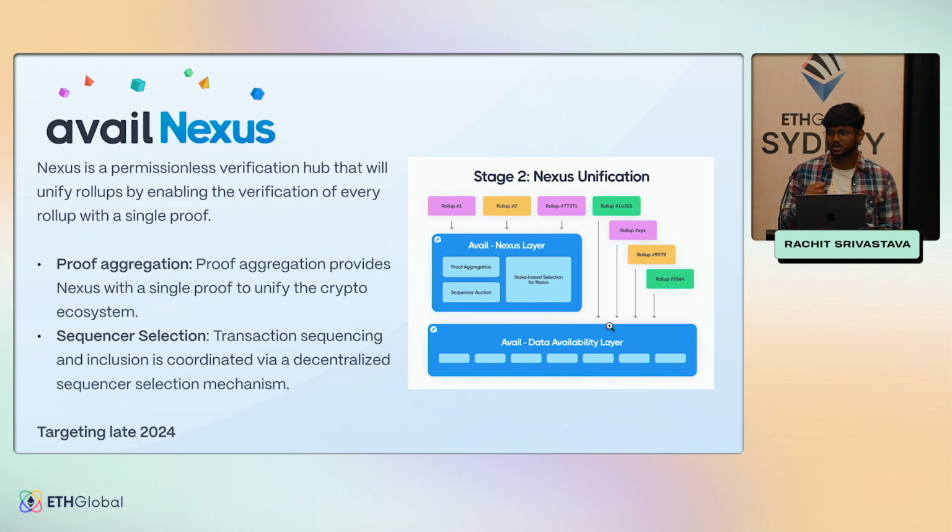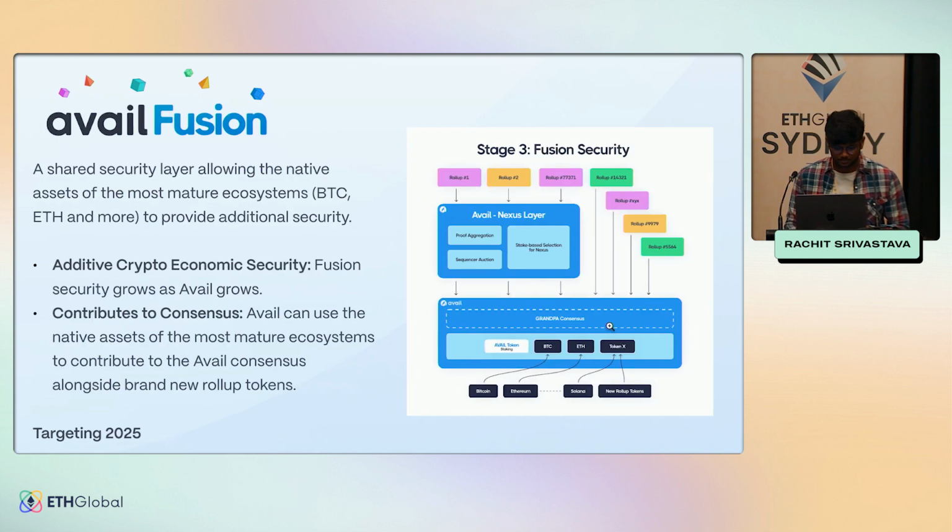So you can send a payment on Optimism to someone, and that person will know on Arbitrum that the transaction was done, as an example. And then, as I mentioned, Avail Fusion, where we unify all of the security. Since we are a unification layer, that also means all the other assets should be capable of securing the network.